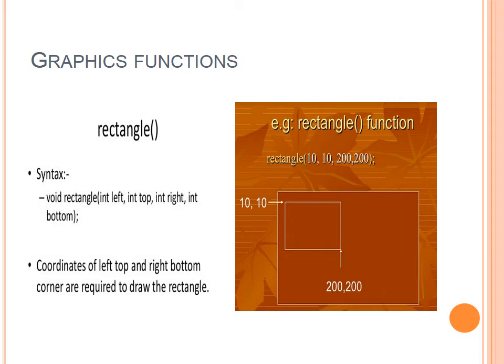See the example: rectangle(10, 10, 200, 200); the left and top values are 10, 10, and the right and bottom values are 200 and 200.